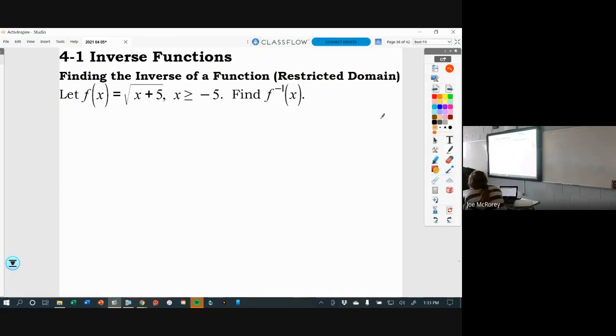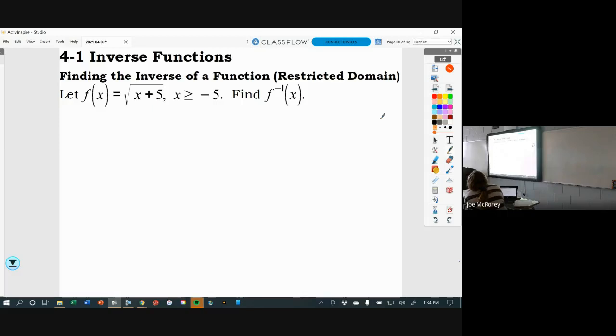If we plugged in a -6, obviously there's a lot of numbers between -5 and -6, but you'd have the square root of -1, which is a problem. So to define this function properly, the domain has been restricted. The domain of the function given is x is greater than or equal to -5.